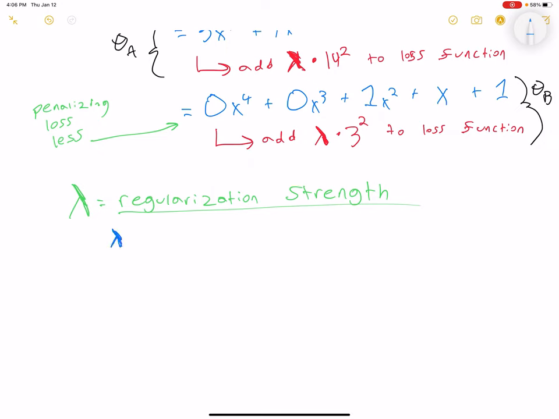Lambda is set by the machine learning engineer. So as a machine learning engineer, you define lambda in advance. And the formal name for this parameter of the model that you define in machine learning lingo, and we'll see this term a lot, is a hyperparameter.